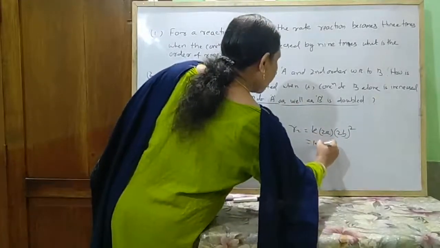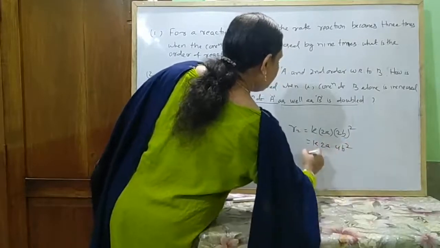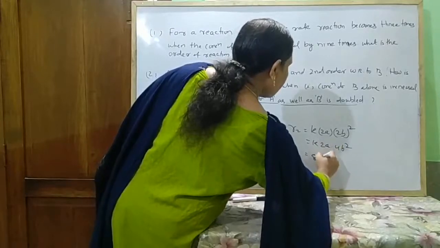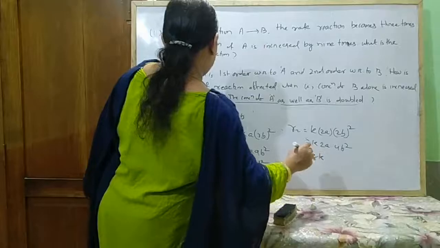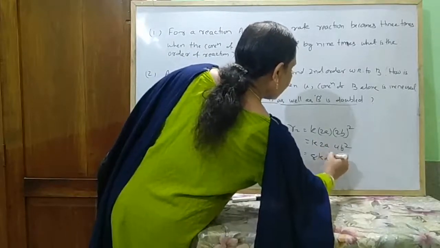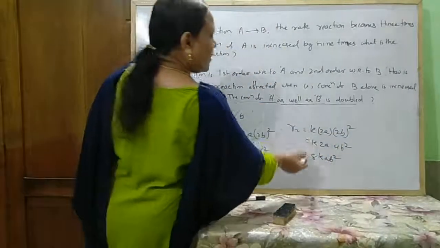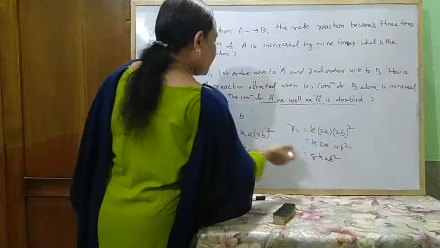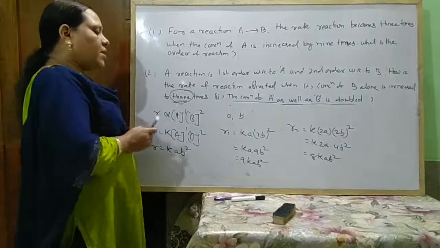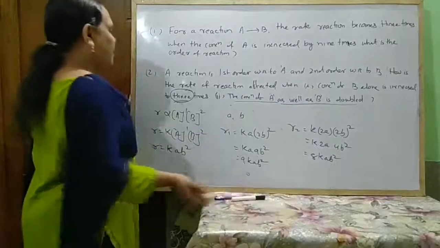This is equal to K 2A into 4B square, that is equal to 2 into 4, 8 K A B square. So if both are doubled, then the rate of reaction increases by 8 times. So in this way, the rate of reaction depends on concentration.